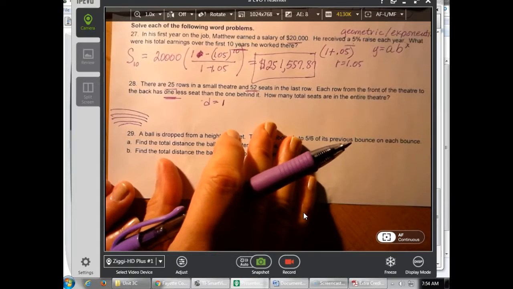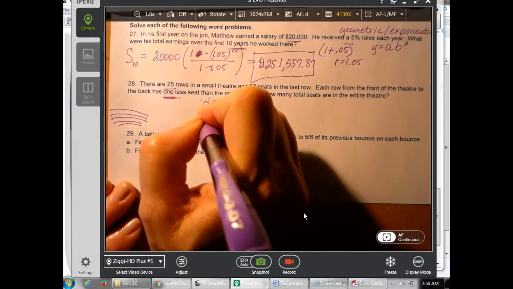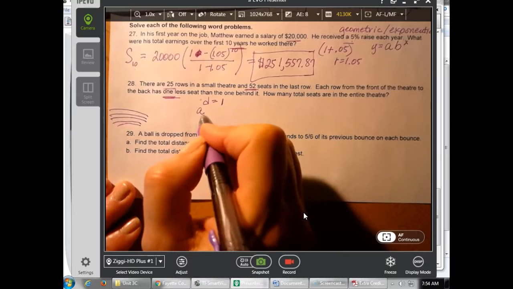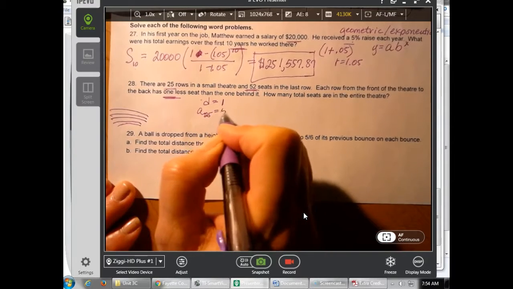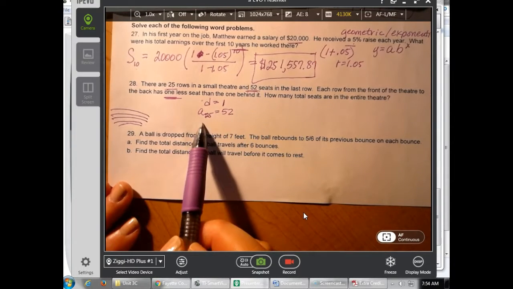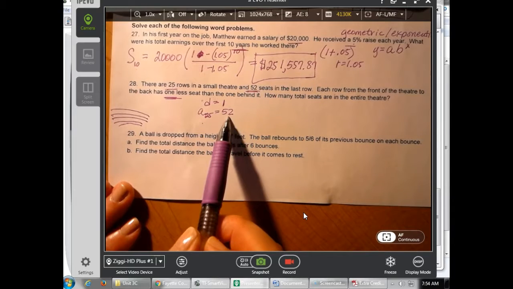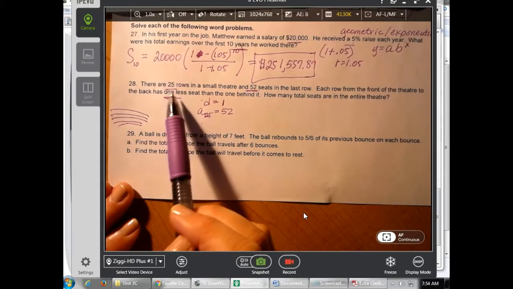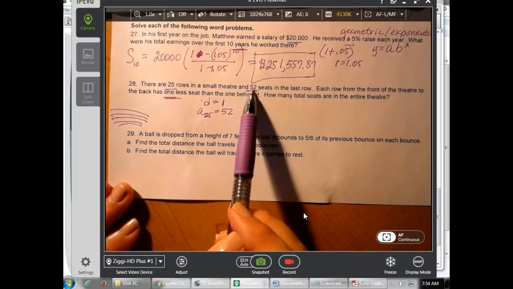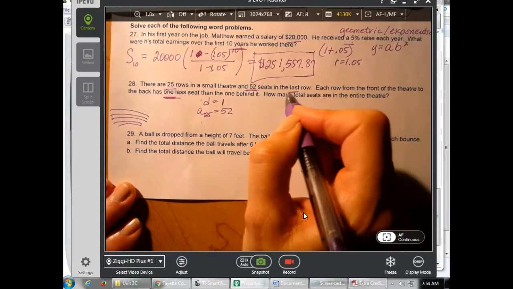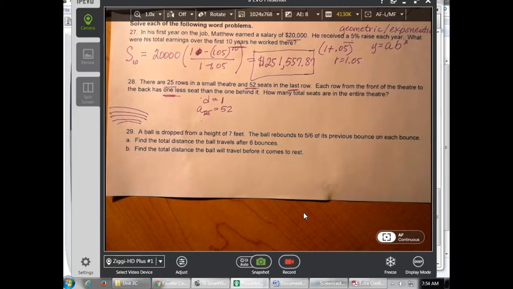And we know that A sub 25 is equal to 52 because the 25th row has 52 seats. So 25 rows in a small theater with 52 seats in the last row. So the back row has 52.